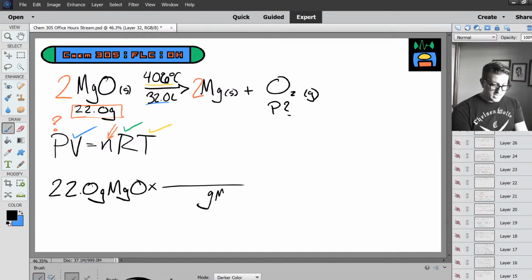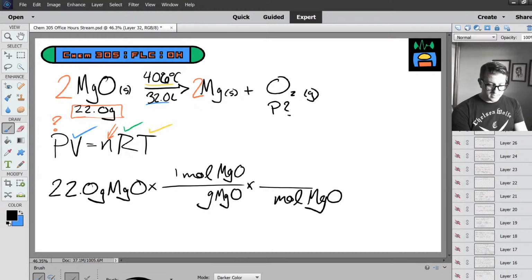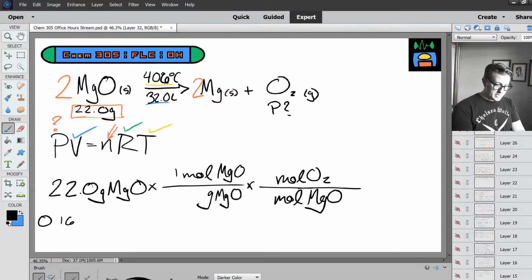First, we need the molecular weight of magnesium oxide to convert from grams to moles. Then we use the balanced chemical equation to convert from moles of magnesium oxide to moles of O2. All right. So oxygen, as we know, has an atomic mass of 16.00.